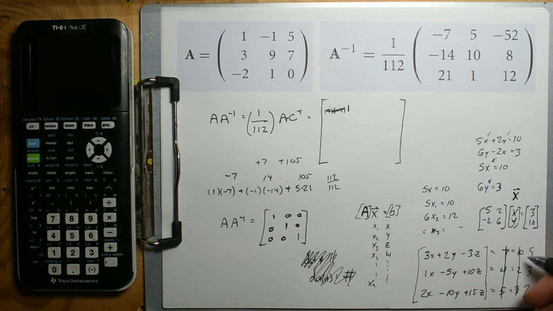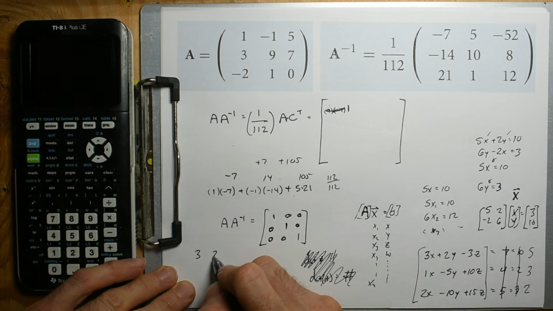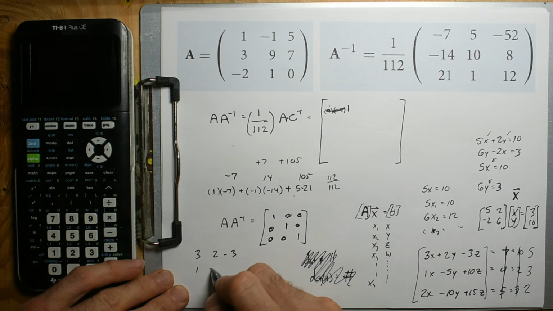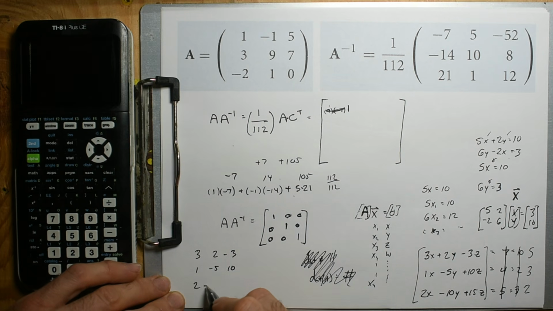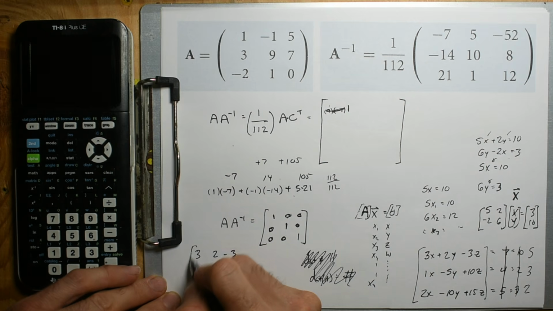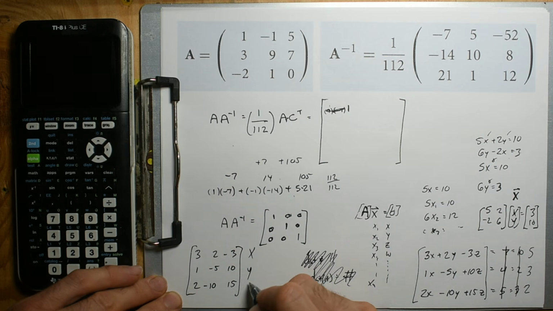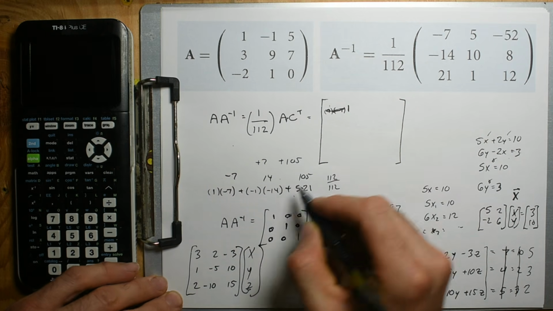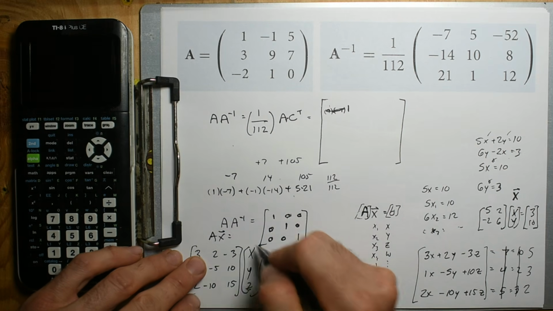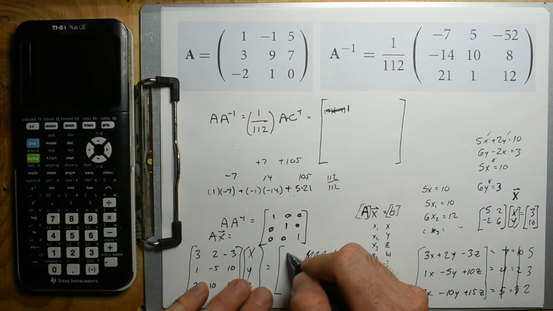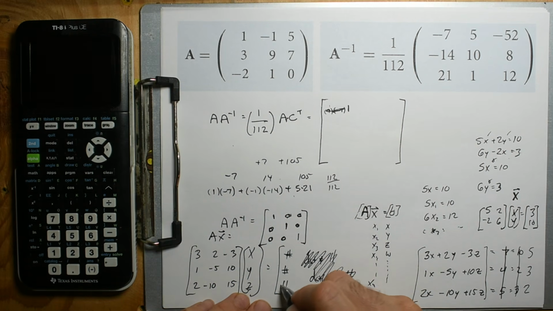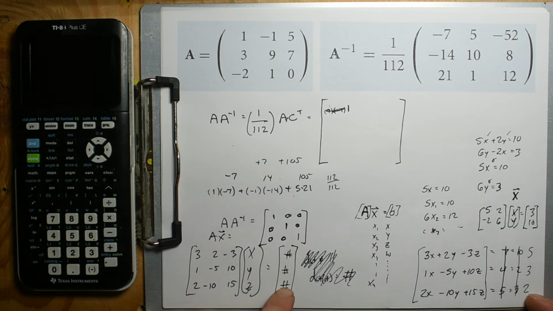Anyway, so what we want: this equation right here is a 3, 2, negative 3, 1, negative 5, 10, 2, negative 10, 15 matrix with x, y, z, which is your A, x, and then we have a solution. I can just choose whatever numbers I want for a solution, and I want to choose different ones at different times.